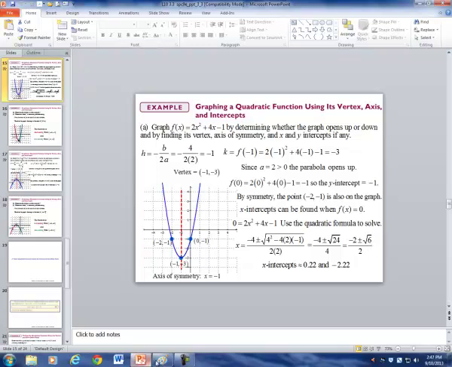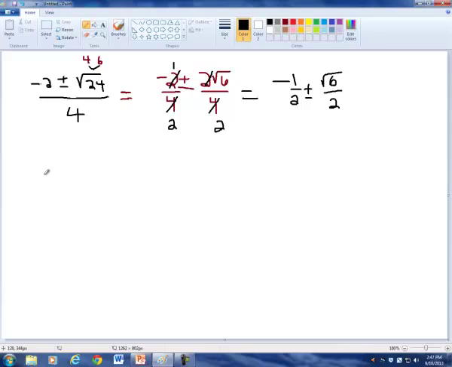Now, one thing that you have to be careful with, a common error that students make here, is, let's go back and say we have this. We simplified the square root of 24 and got 2 square root 6, all over 4. A common error is they want to cancel the 2 and the 4 and get 2 here.